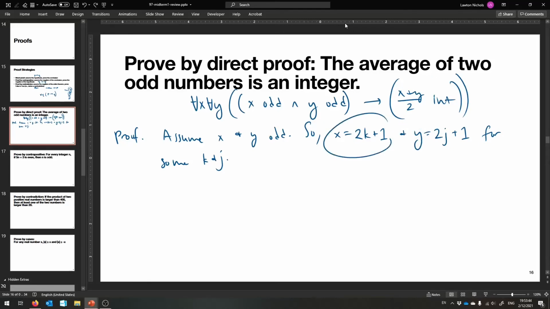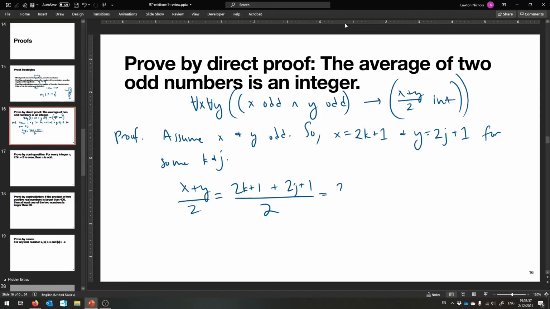Under this assumption, x plus y over 2 now is, well, let's plug in x. That's 2k plus 1 plus 2j plus 1, over 2. And look what we can do. That's 2k plus 2j plus 2, over 2, which equals k plus j plus 1, which is definitely an integer.